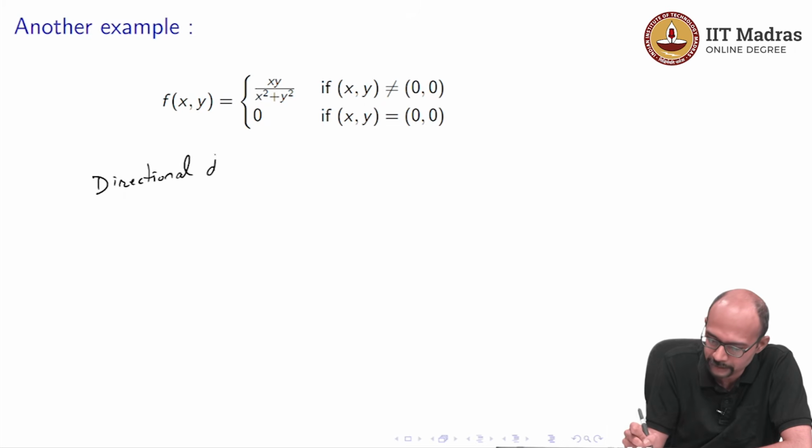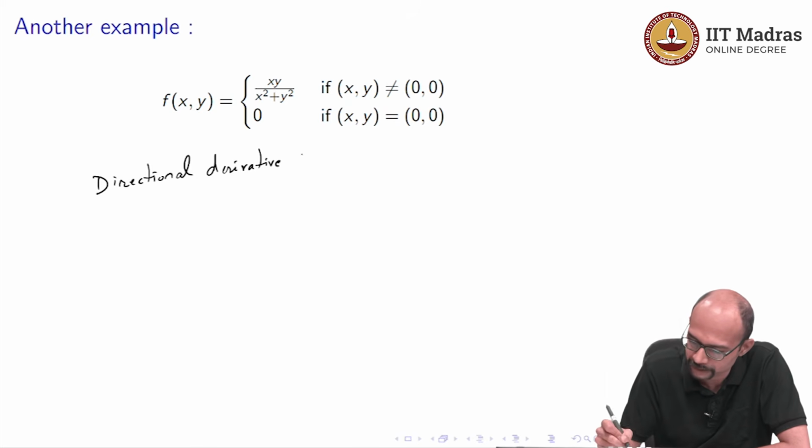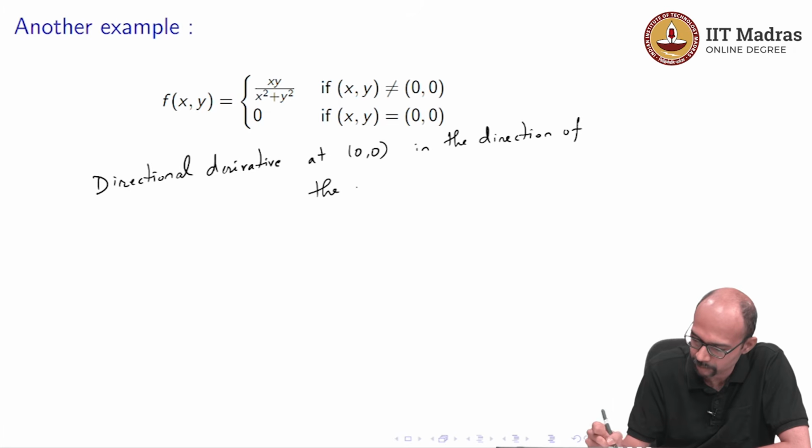For the other points, it is a tedious calculation, but doable, but at 0 0 there is something specific that we want to see in the direction of the unit vector u.